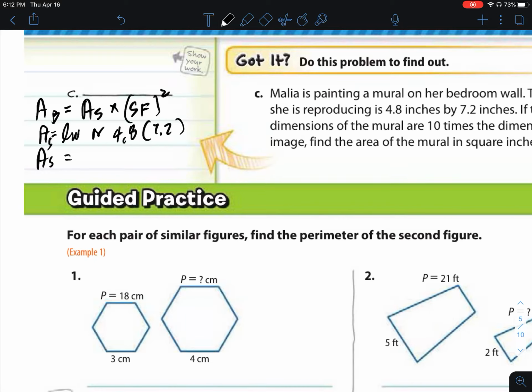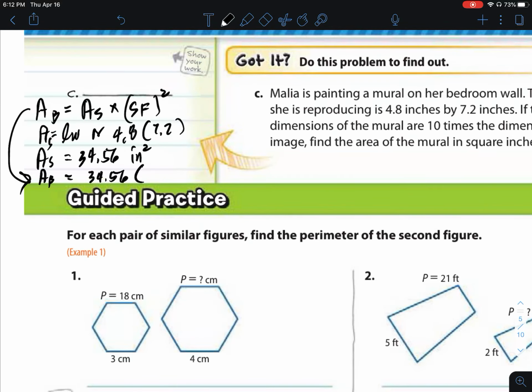Let me use my calculator here. 4.8 times 7.2 is equal to 34.56 square inches. So using that, we know that the area of the big figure now, or the mural, will be 34.56 times the scale factor.